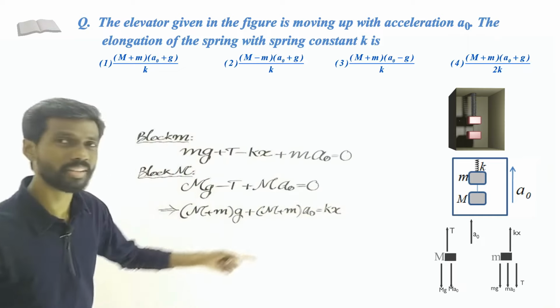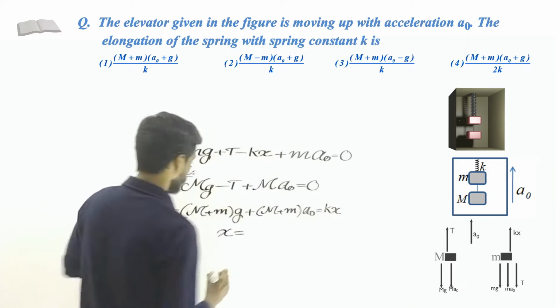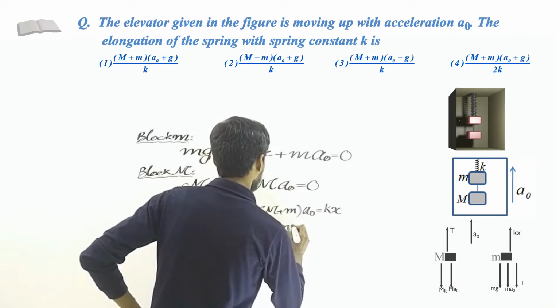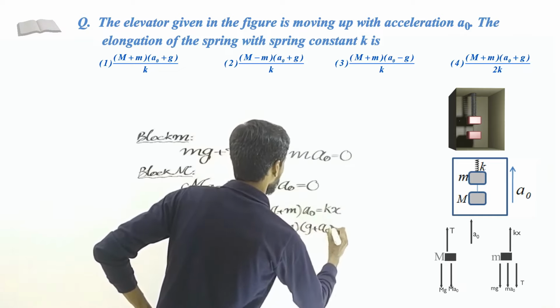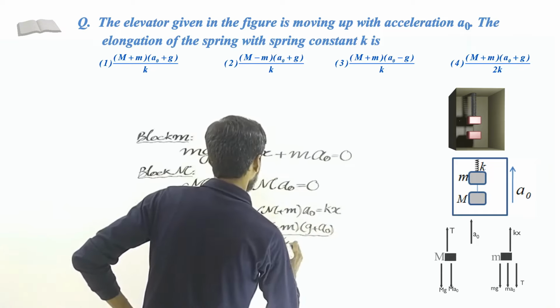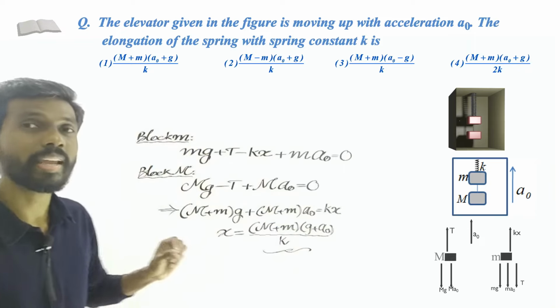Taken to the other side, the required value of x is (m plus M) multiplied by (g plus a0), divided by k. So that is the answer, the elongation in the spring.